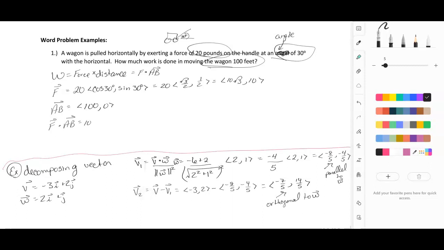So we're going to have 100 times 10 square root of 3 plus 0 times 10. So that's going to be 1,000 square root of 3. And if I were to type that in my calculator to get a decimal approximation, I have 1732.05. Work is in foot pounds.